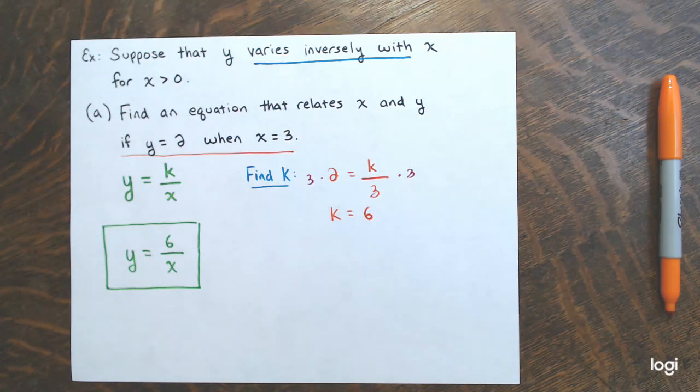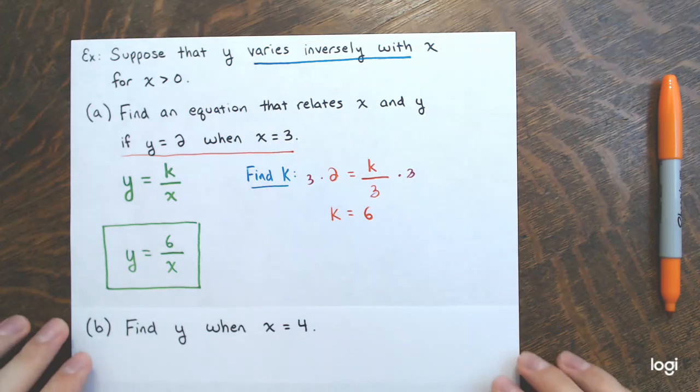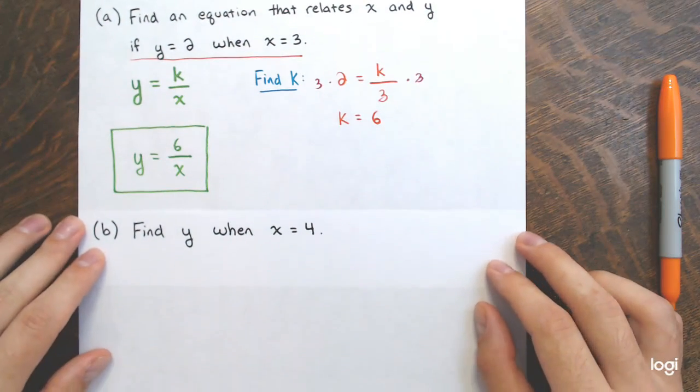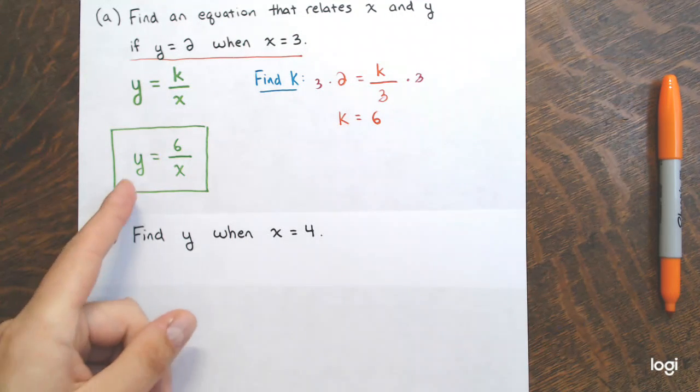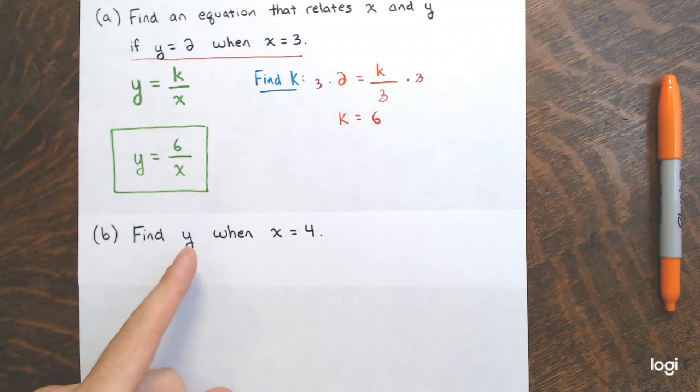Wonderful. Now that I have this equation set up, we can answer other questions about the relationships between x and y. I have just one more here, and then we'll move on to a slightly more complicated problem, with more words and more units. Part B, now that I know this, find y when x is 4.